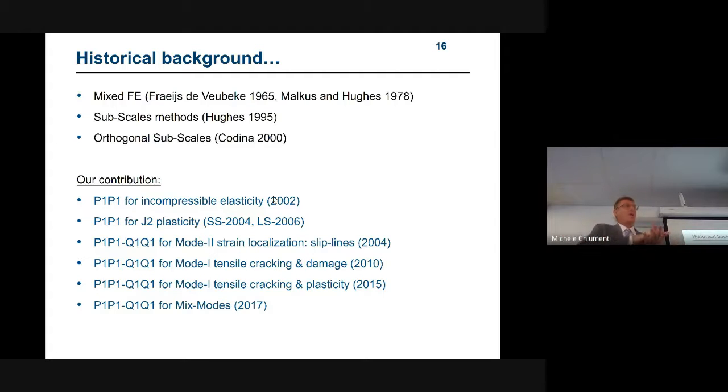So if you want to use a linear field for the displacement and a linear field for the pressure, these two fields are incompatible, so they lead to instabilities. So this is why in more recent years, the subscale method appeared just to prevent this kind of problems. And also the orthogonal subscale by Ramon Codina in 2000 also offers a solution to these things.